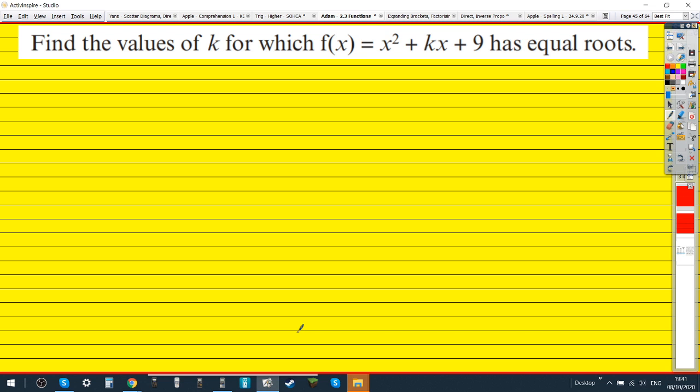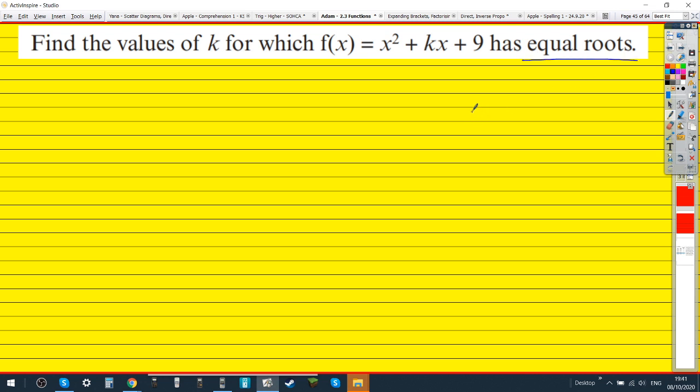So we want to find out what b is. You have to pick a number for b so that this one has equal roots, meaning one repeated root. So could you just have it as 0? If it has equal roots, what do you know about it?